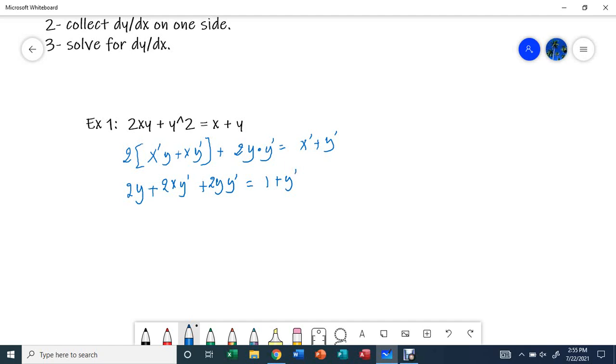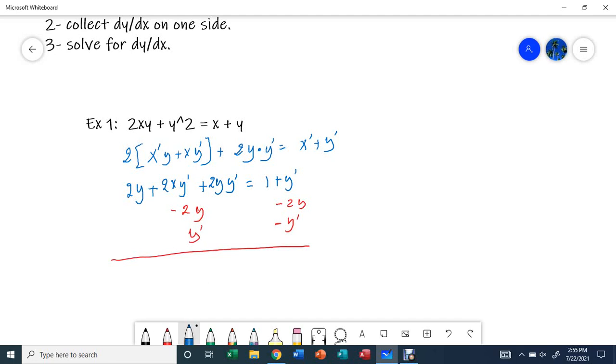So I'm going to subtract 2y from both sides and subtract y prime from both sides, because I want y prime by itself to solve for it.